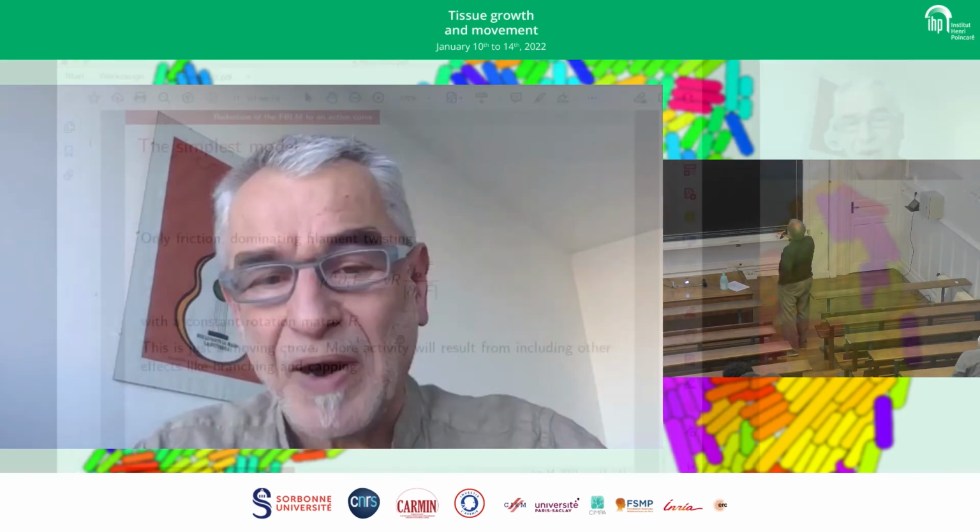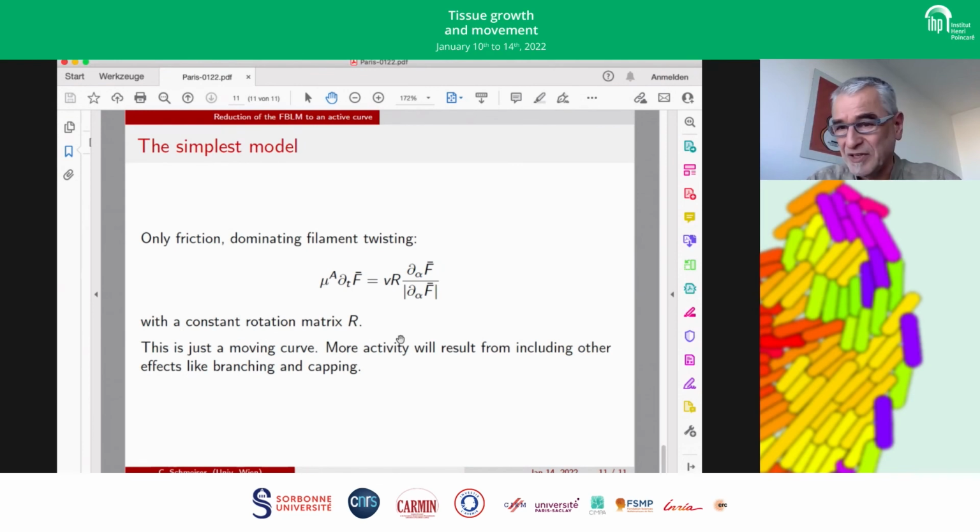Yeah, this is part of what I said, that this is not a complete model. If you would do only that, the cell would get bigger and bigger. Oh, I see. In all directions. So the least you need to add to this is a term which comes, say, from an area constraint.